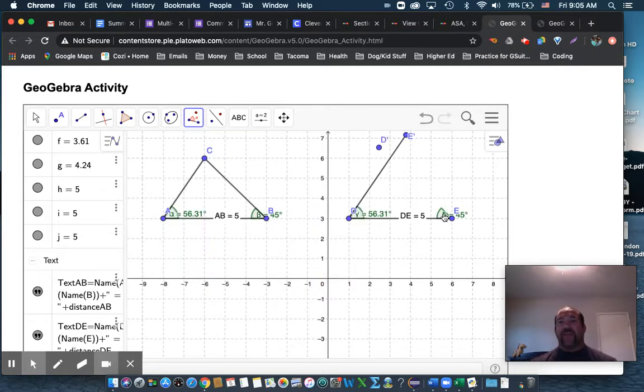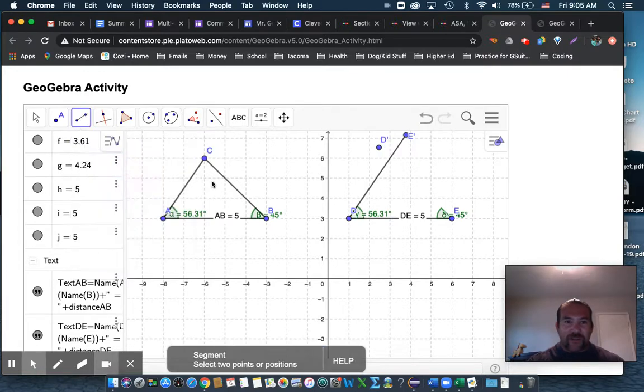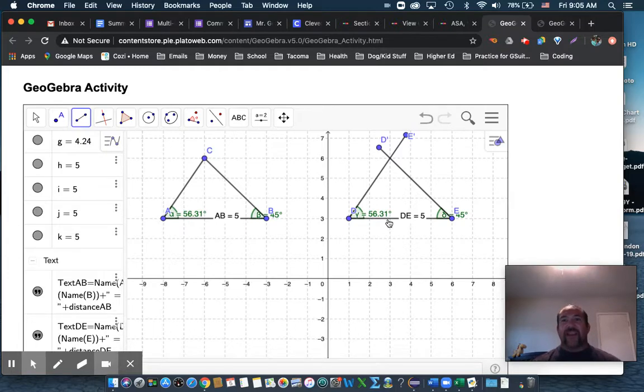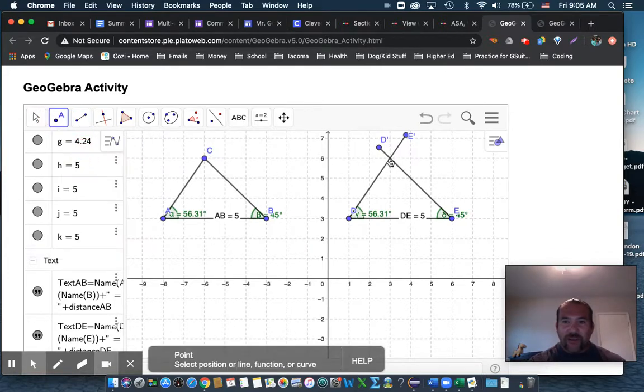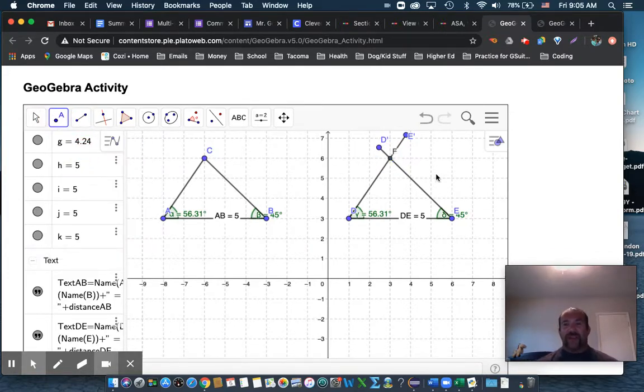And so now I have a 45-degree angle. So notice that 56.31 matches up here. 45 matches up here. So now I'm going to connect E to D with another segment. And now, where those 2 segments intersect, that's going to be the location of our new point, right there.